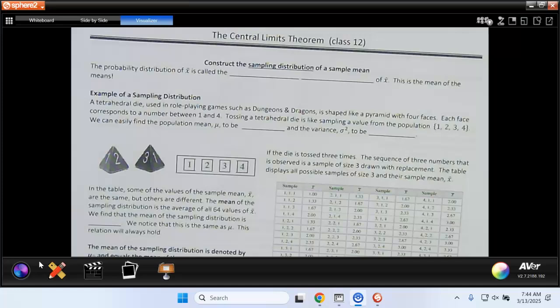But what's interesting is the average of our room, individually our room, and the average of all of the averages are going to have the same mean. I say the same, it's close to the same. What's going to change is your standard deviation, because with an outlier, it's going to pull your data.